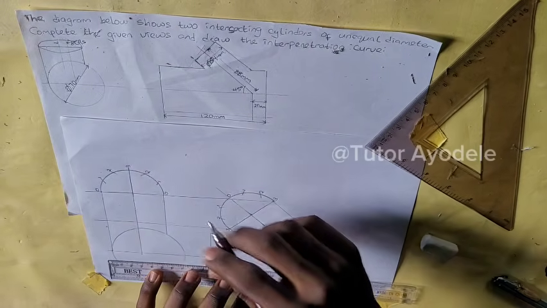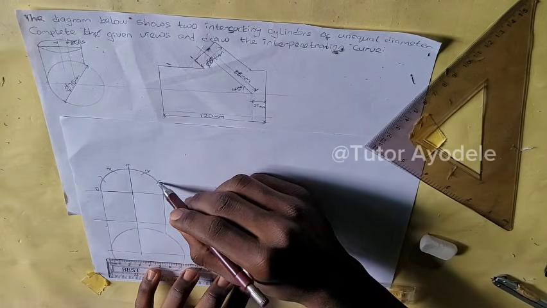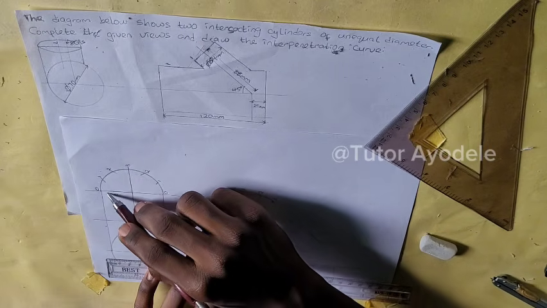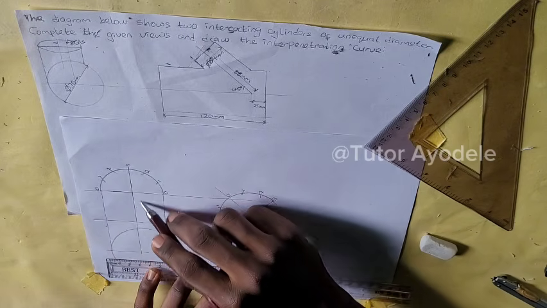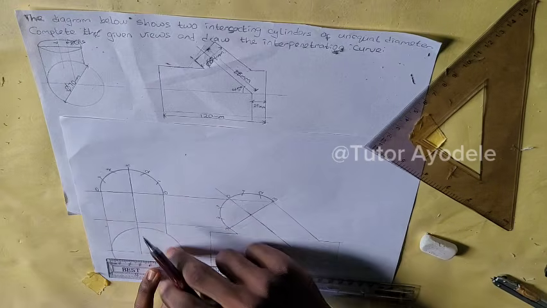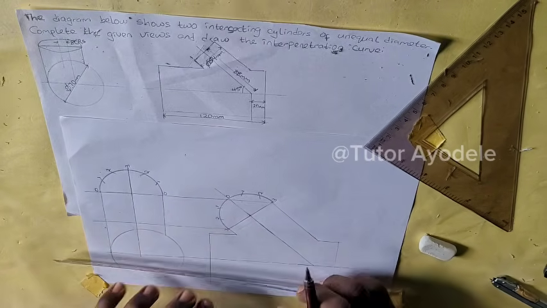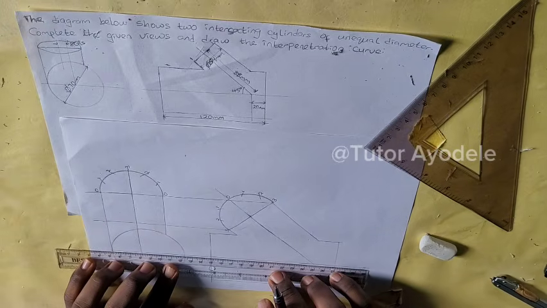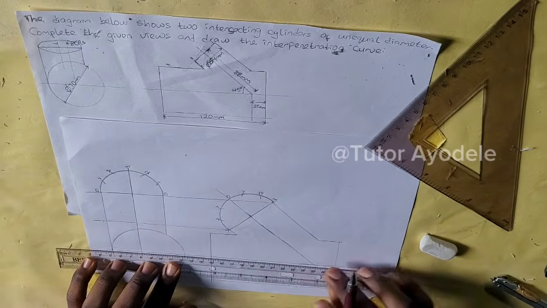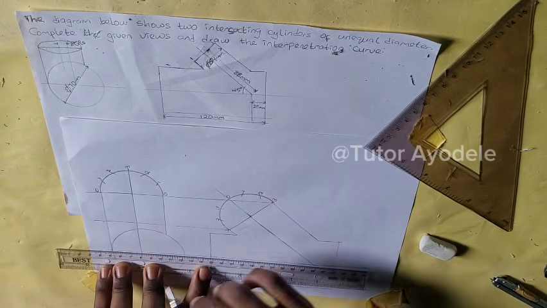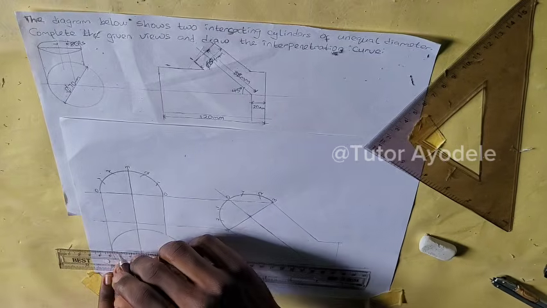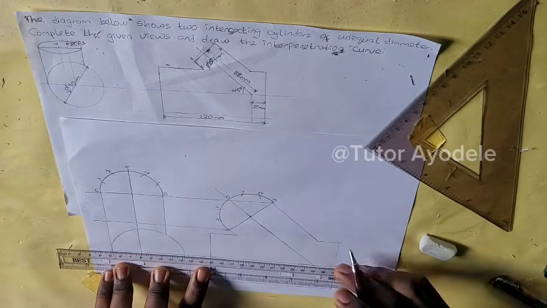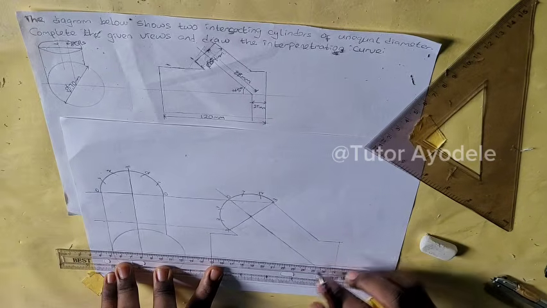Next thing I'm going to do is I'm going to draw lines from these points downwards that they will cross through these points and touch the circle. So I'm first of all going to make my ruler parallel with this line, which means the distance from here to here is the same thing as the distance from here to here.